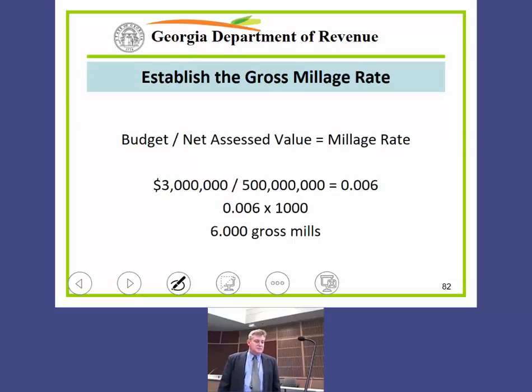But in a general sense, to determine the millage rate that needs to be adopted, you have to start out with the budget or the amount of revenue that needs to be raised from property tax, and take that number and divide it by the net assessed value or the taxable value on the digest.